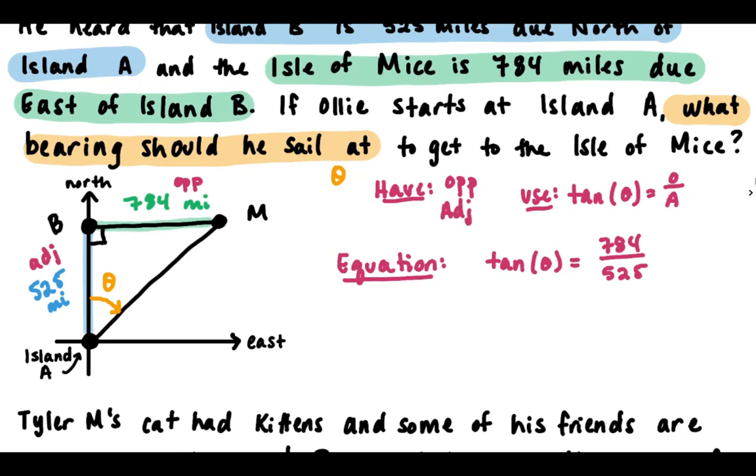So I'm going to do tangent inverse to both sides of this equation: tangent inverse of 784 over 525 equals tangent inverse of tan theta.